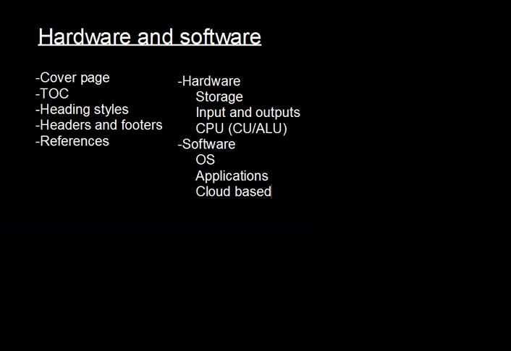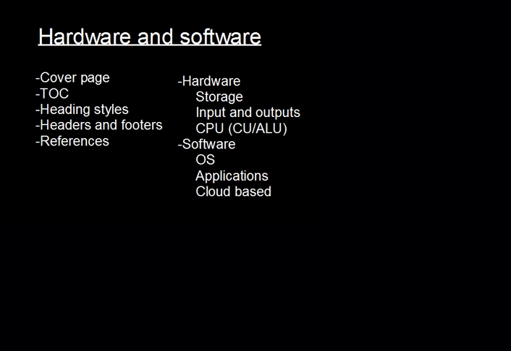Now, the next thing you're going to need to do after you finish that, so it's a hardware and software report using Microsoft Word, you're going to need to move on to your next section of using Photoshop.